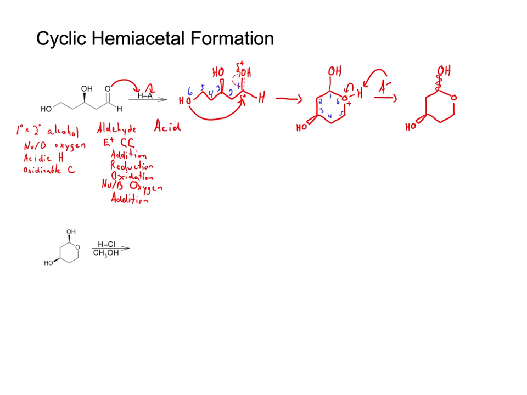So the oxygen on the hemiacetal is simply going to attack the hydrogen on the acid. That will give us a protonated hemiacetal, where we have an OH2 group that is now a good leaving group. So what is it going to do next? It's going to leave. The question may come up, why did we protonate that OH group on the hemiacetal rather than the alcohol OH group?